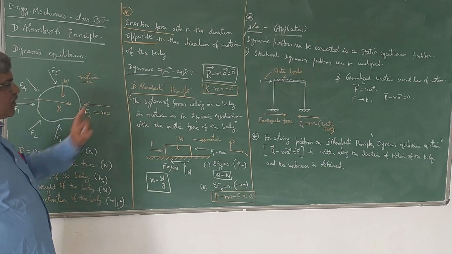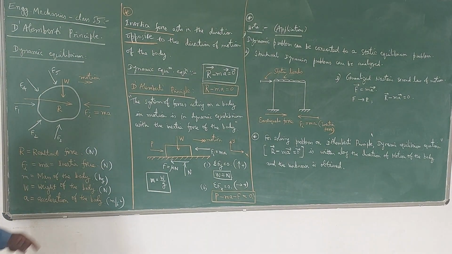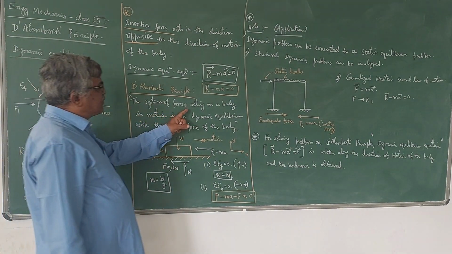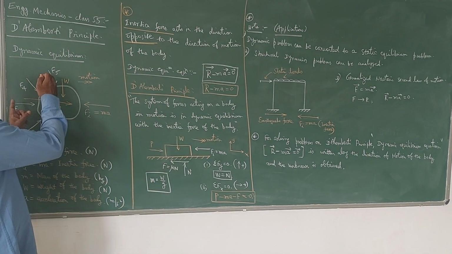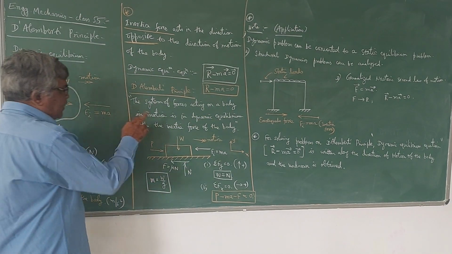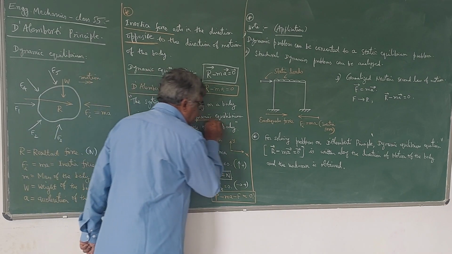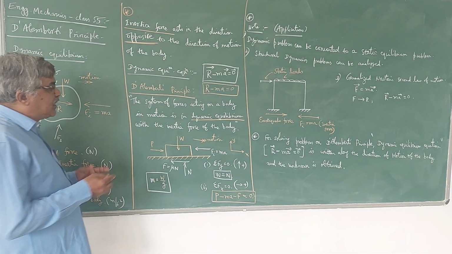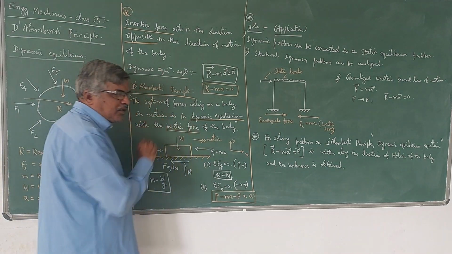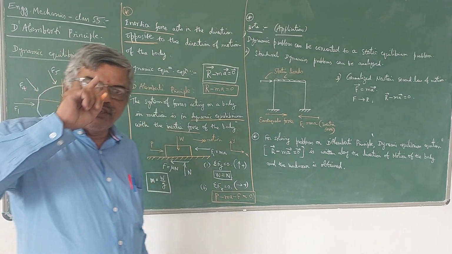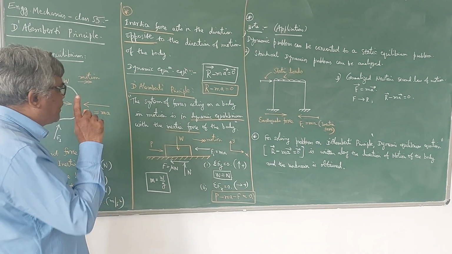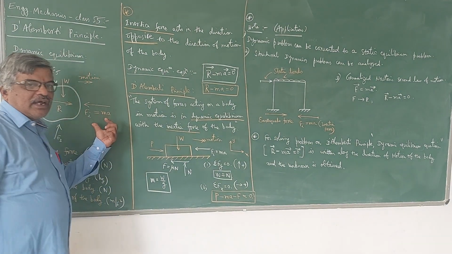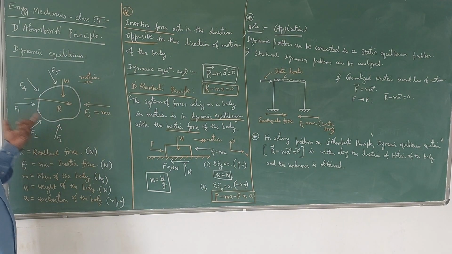According to D'Alembert's principle, the statement runs like this: the system of forces acting on a body, F1, F2, F3, F4, in motion is in dynamic equilibrium with the inertia force of the body. So whenever you talk of dynamic equilibrium, inertia force is a must. We have to consider the inertia force, which acts in the opposite direction to the direction of motion of the body.